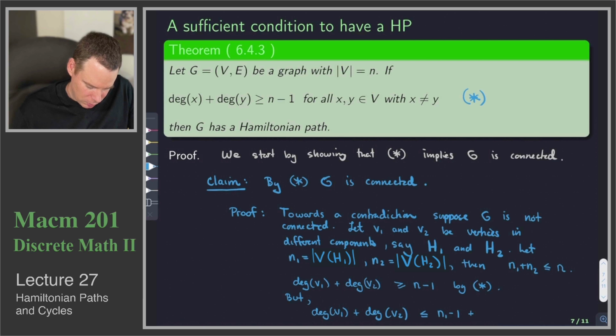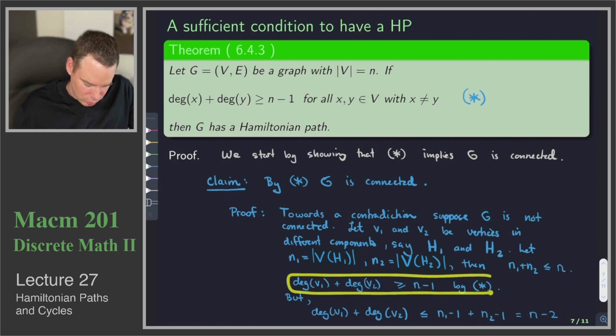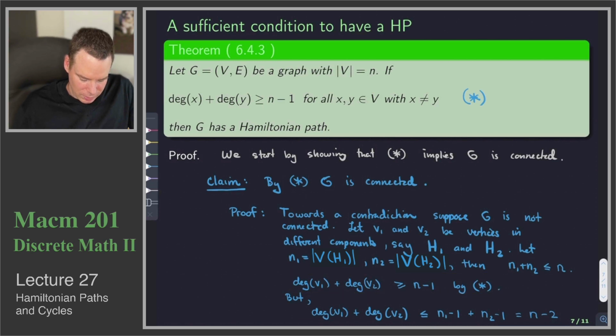Similarly, for the degree of V2, it could be connected to all the other vertices in its component, which means it has degree at most n2 minus 1. But that is n1 plus n2, that's n, minus 1, minus 1, that's minus 2. So this tells us that the sum of the degrees is less than or equal to n minus 2, but that contradicts assumption star, which says that the sum of the degrees has to be bigger than or equal to n minus 1.